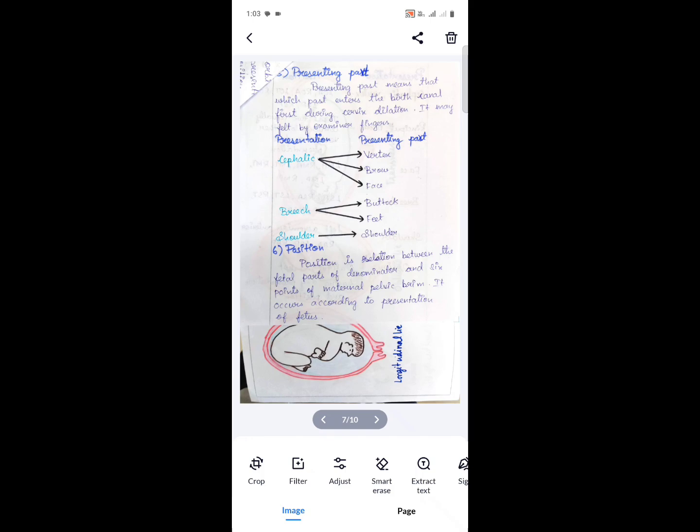And let's go to the position. Position is the relationship between the fetal denominator and the landmarks of the maternal pelvic brim. It occurs according to the presentation of the fetus.